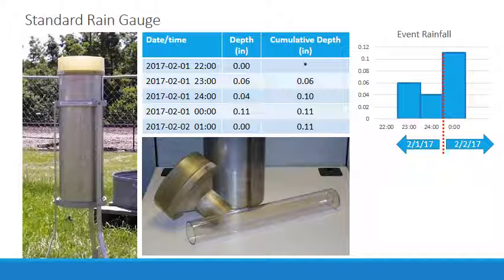So about half of the rain from this event falls on the 1st of February and half of the rain falls on the 2nd, even though in terms of time, it was raining for twice as long on the first day as it was on the 2nd. That means the real cumulative depth for the entire storm was more like 2/10 of an inch. But for that day, it'll only be reported as 1/10.